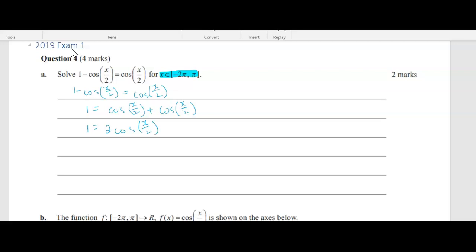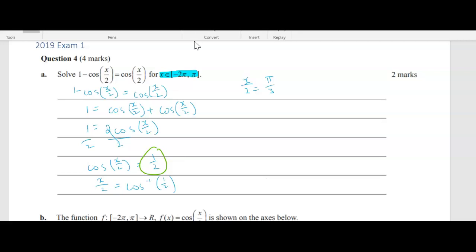So what I can do now is divide both sides by 2, so that cancels out. So we've got cos x on 2 is equal to a half, and then x on 2 is inverse cos of a half. So again, you should know your exact values, I don't, so I just quickly did it on my calculator. All right, so we've got x on 2 equals pi on 3.